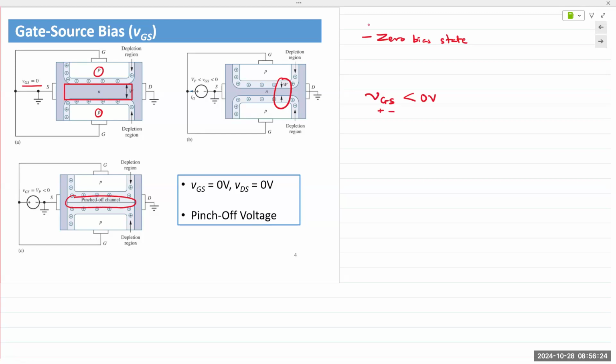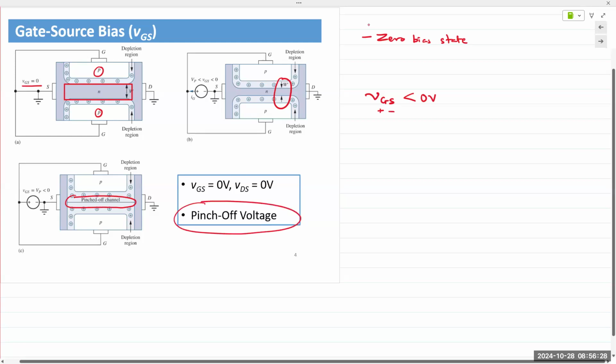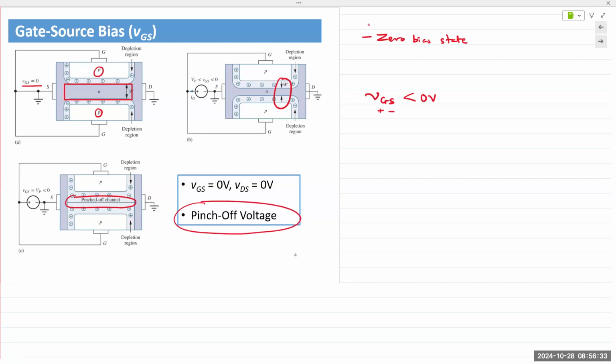Okay, that voltage is known as the pinch off voltage, at which no current would flow. Theoretically. In real life, there's always a small amount of current flowing through.